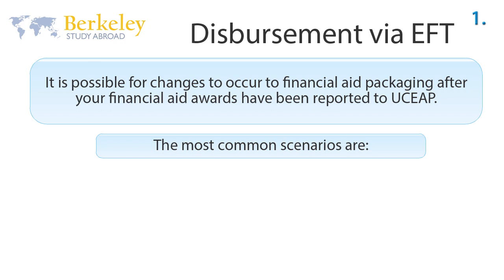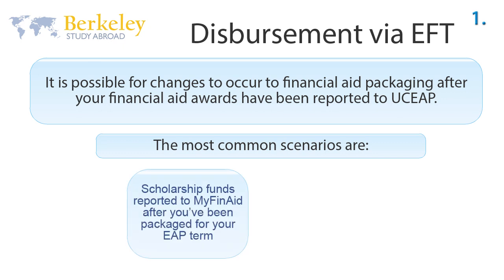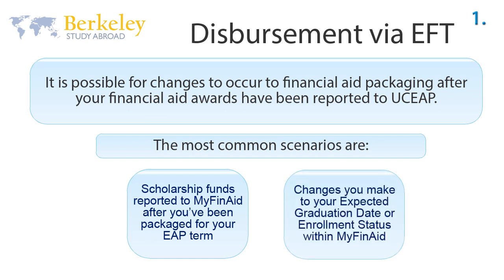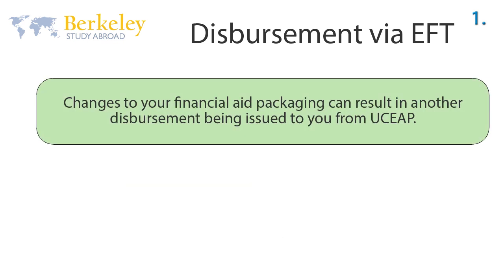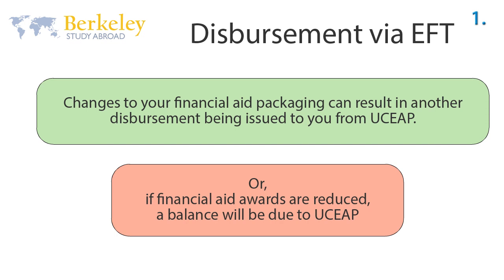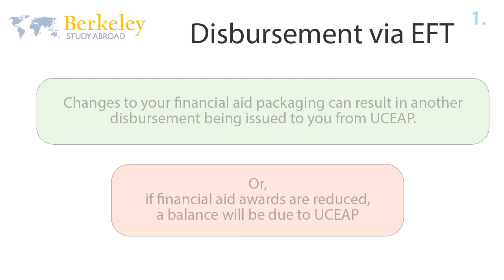The most common scenarios are scholarship funds reported to MyFinaid after you've been packaged for your EAP term, and changes you make to your graduation date or enrollment status within MyFinaid. Changes to your financial aid packaging can result in another disbursement being issued to you from UCEAP, or, if financial aid awards are reduced, a balance due to UCEAP.